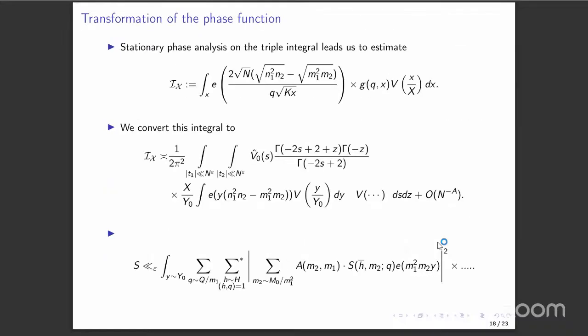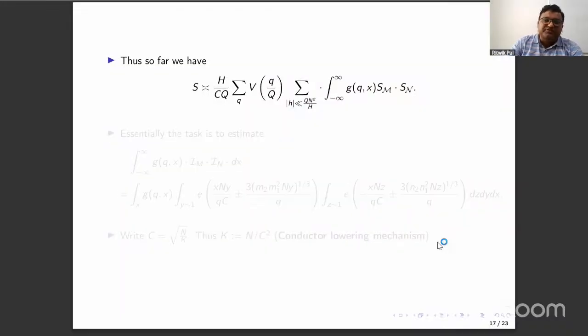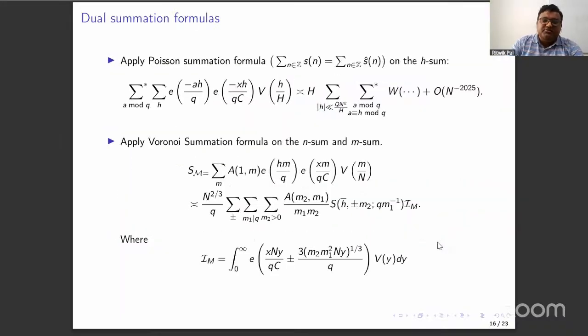Exactly. So basically, when we apply the delta method, this V function has additional conditions. First of all, you have a compact support, and you have a decay. This decay of V function appears in this integral.